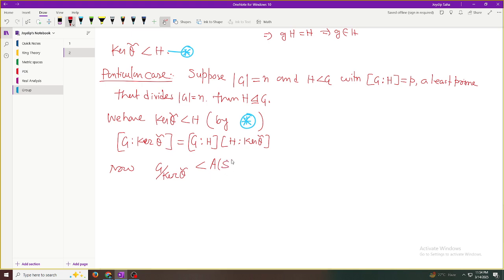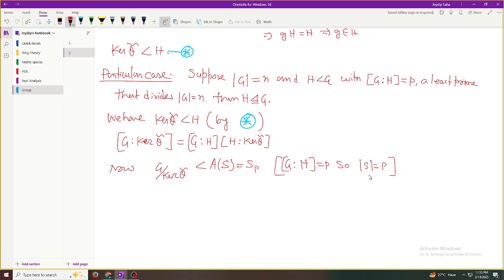What is happening? A(S) equals S_p, because the index of G over H equals p, so the cardinality of S is p.